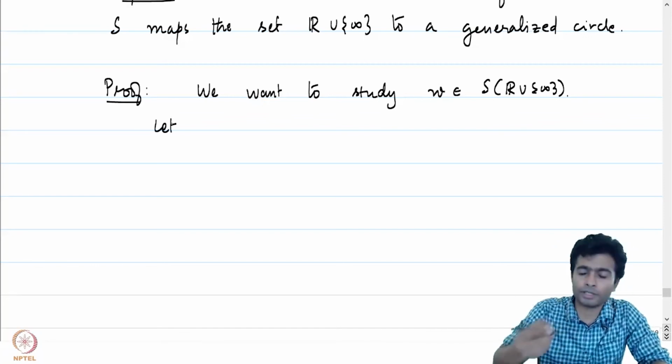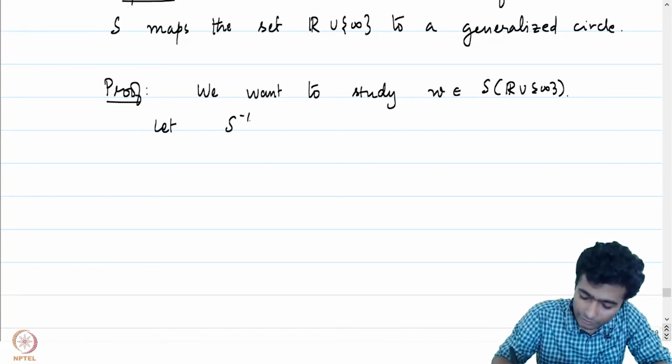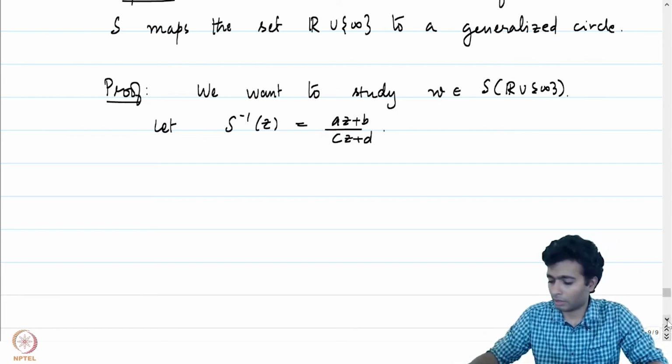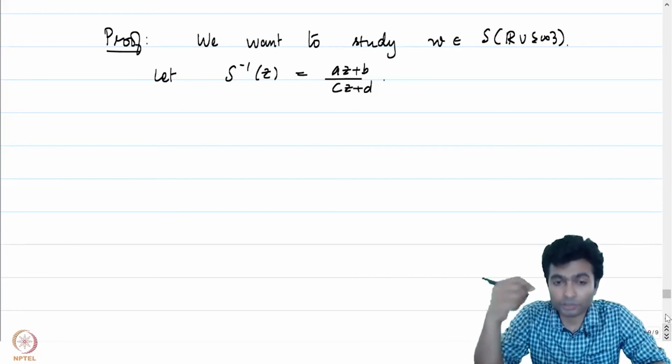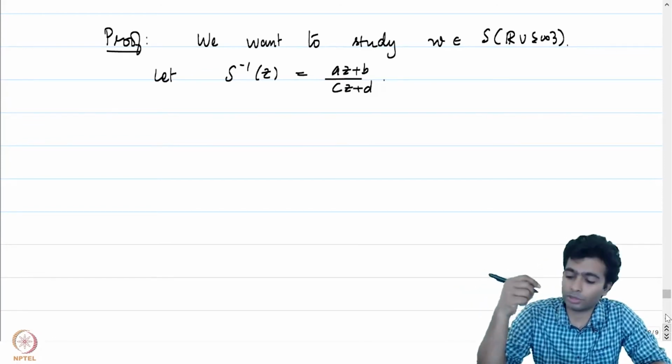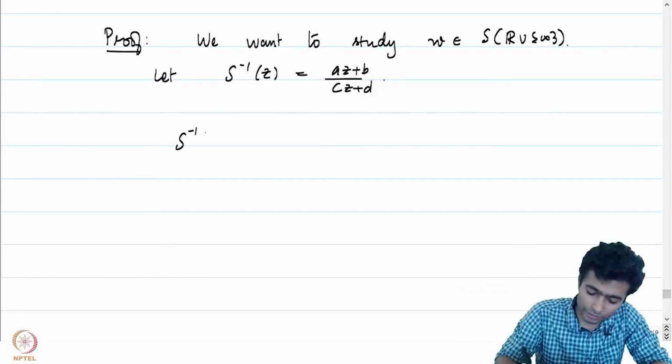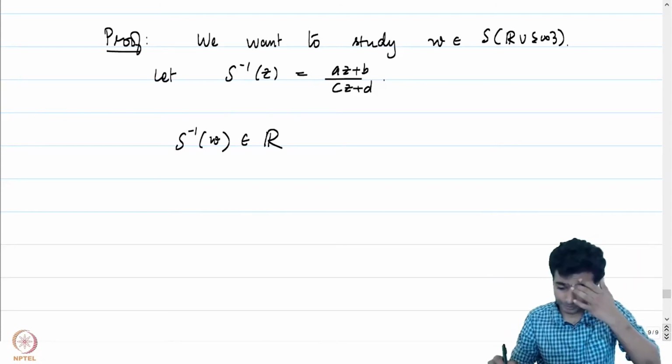In that case, let's give an expression for S inverse. Let S inverse of Z be given by AZ plus B by CZ plus D. We want to understand when S inverse of W belongs to the real line.